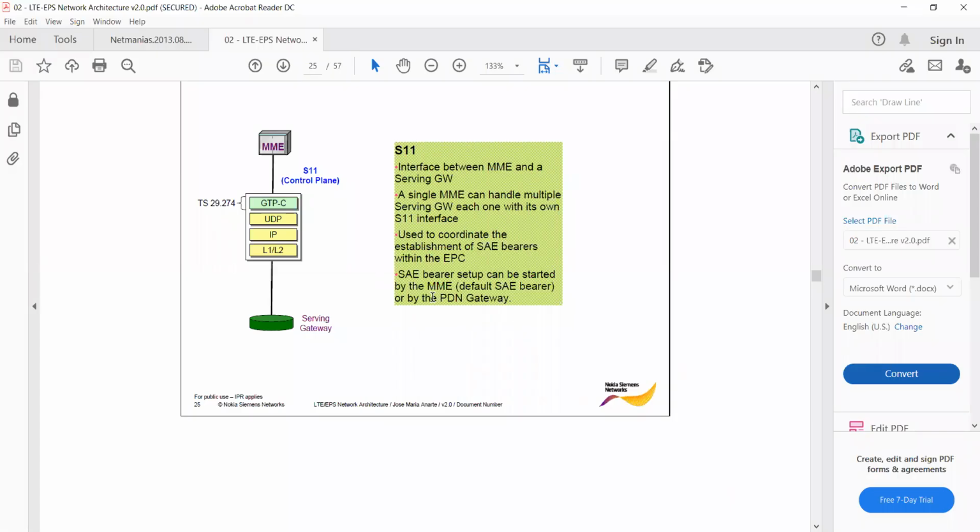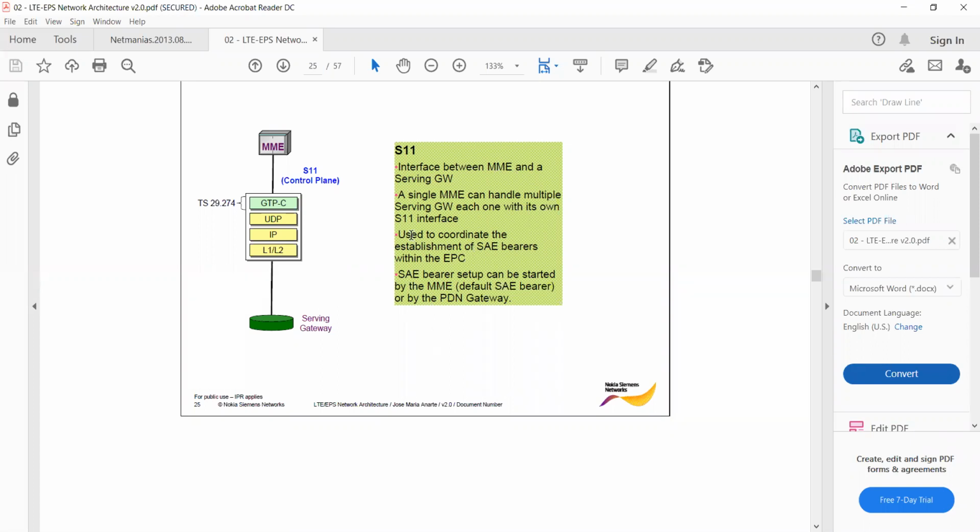Make a heading, S11 interface. It is the interface between the MME and the serving gateway. It is used to coordinate the establishment of SAE bearers within the EPC.